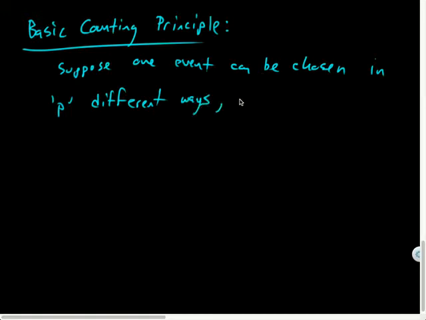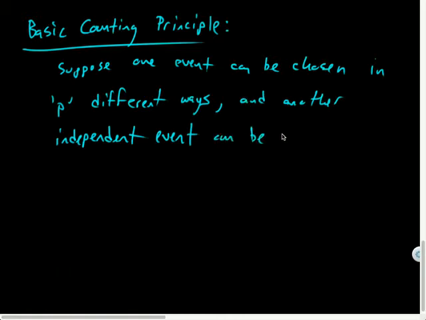And another event, another independent event, can be chosen in Q different ways. Okay? Then the two outcomes can be chosen successively.